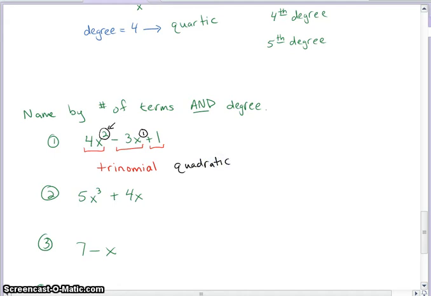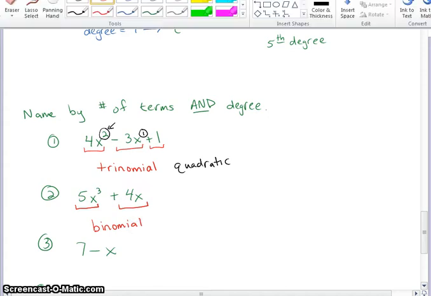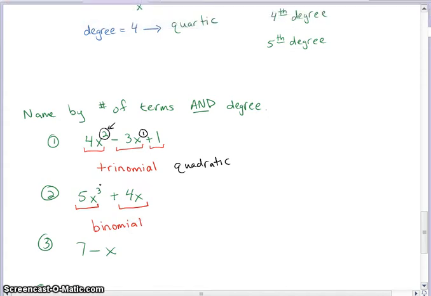Okay? So let's look at the next one. I've got 1 term, 2 terms. So that's called a binomial. For the degree, I'm looking at what's the highest exponent. So here I have a 3, here I have a 1. So I'm looking at this one, which makes it a cubic, because it's the highest.